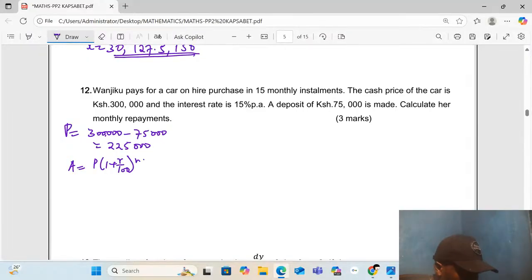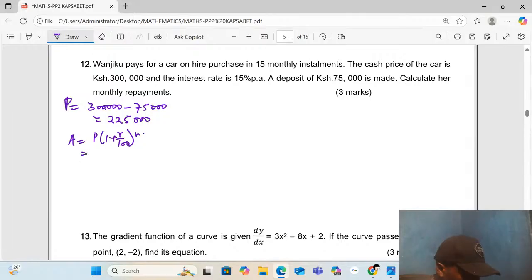And our value of P we know, which is 225,000 into 1 plus 15 over 100. N is now 15 monthly installments. Now we divide by 12, that will be 15 divided by 12.